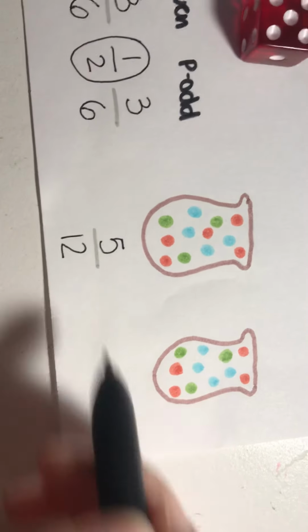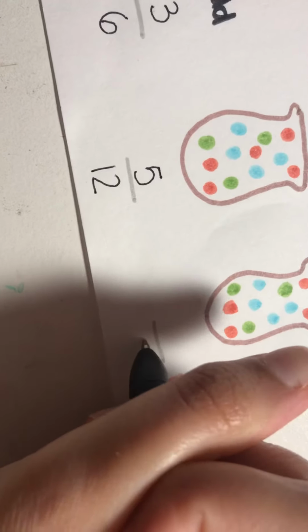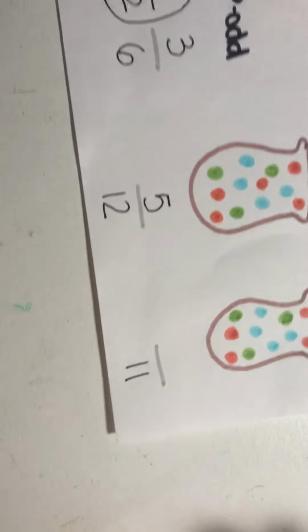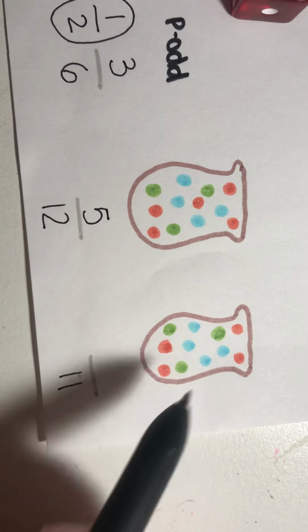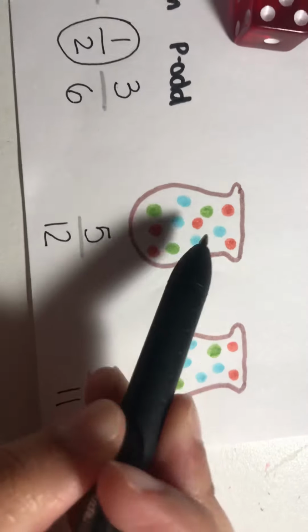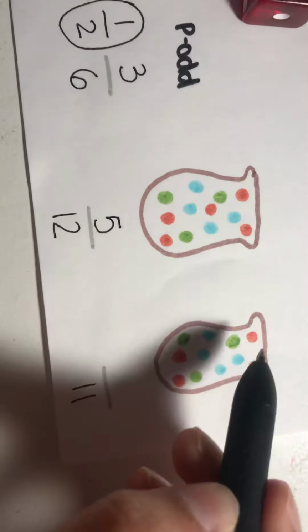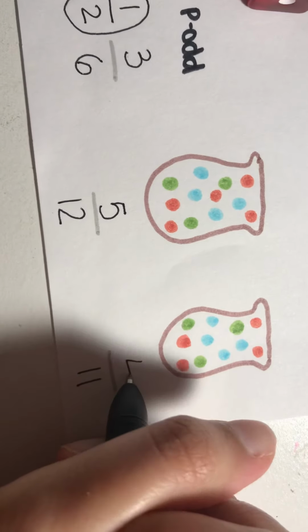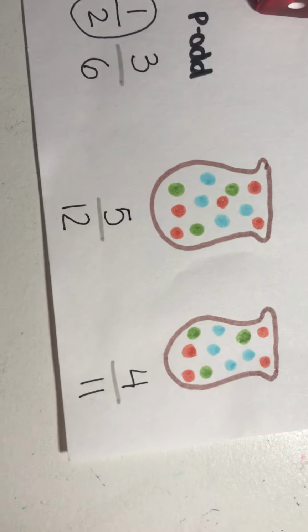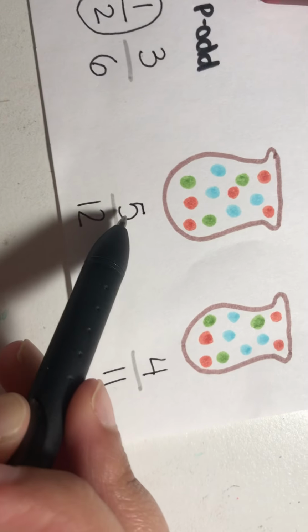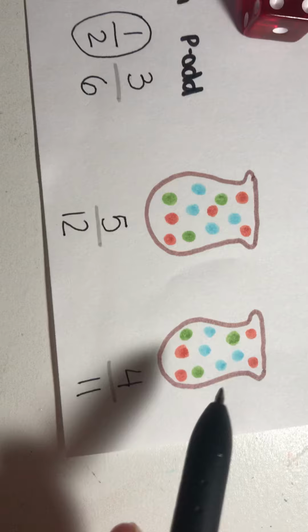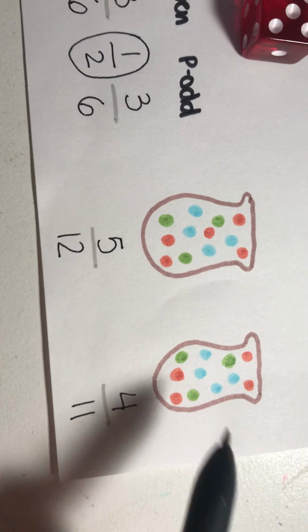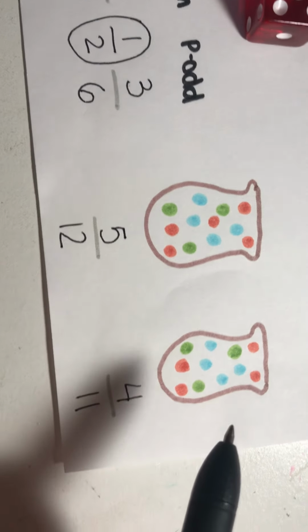Since we've taken out one, you know that the denominator is now 11. And you can count that just to make sure. 1, 2, 3, 4, 5, 6, 7, 8, 9, 10, 11. And now, since you already took one of the orange marbles, you have 1, 2, 3, 4 orange marbles. It's very easy. All you have to do is subtract 1 from the numerator and the denominator because one marble was already taken out by you. So now your friend has a smaller chance of picking out an orange marble after you.